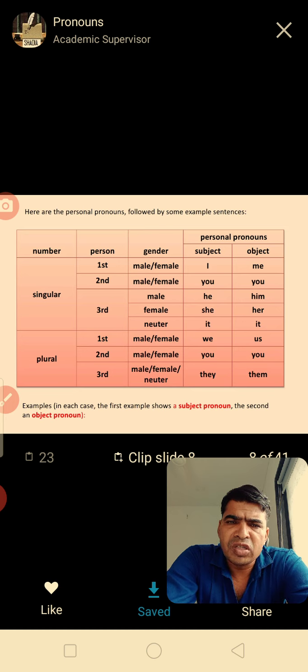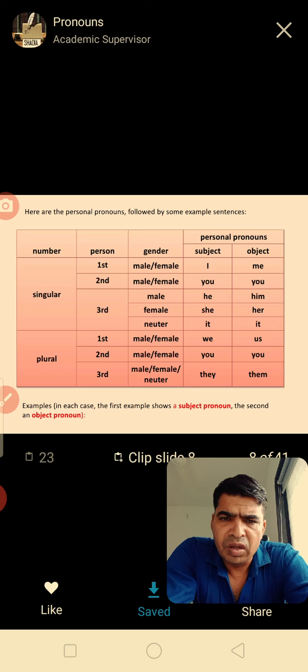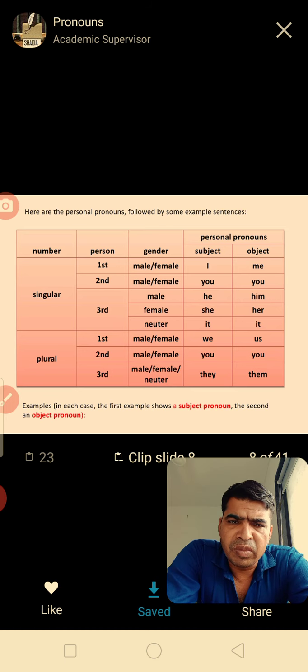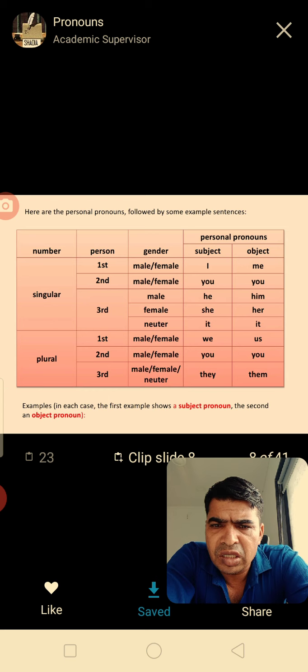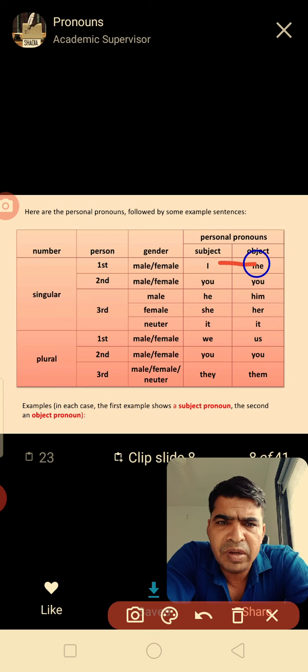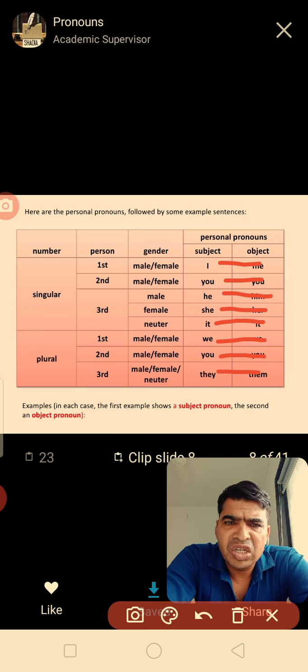The plurals, first person we and the object is us. In the second person you remains you, and the third person they becomes them. So I becomes me, you remains you, he him, she her, we us, you you, and they them. Some pronouns change according to subject and some do not change.